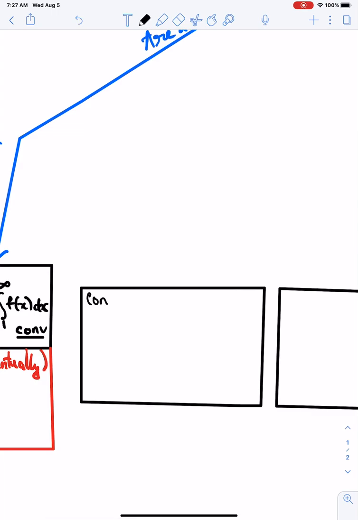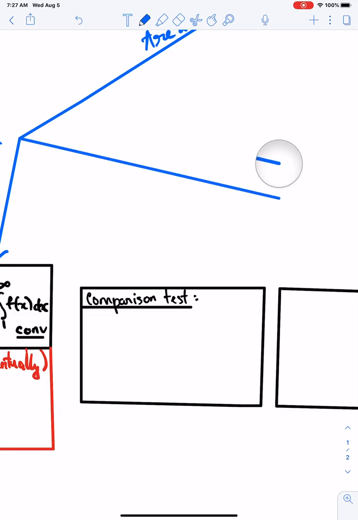So we have the standard comparison test. What should we be asking ourselves? The idea of the comparison test is to compare your infinite series to some series that we know the answer to. We know the answer for the p-series and the geometric series.